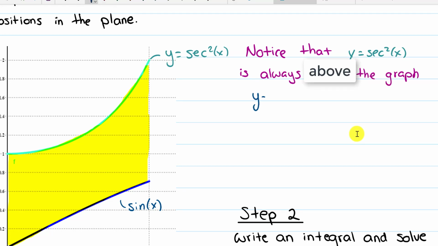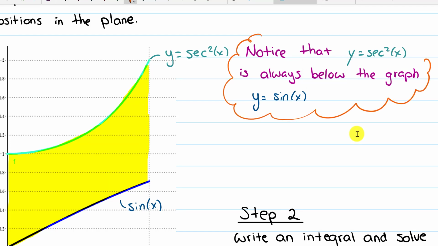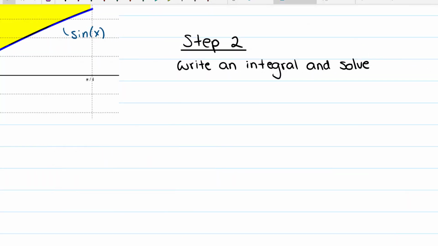Now step 2 is to write an integral and solve. So for this integral, we get that the area is equal to the integral from a to b of f of x minus g of x dx. And I'm letting f of x be my top function and g of x be the bottom function.